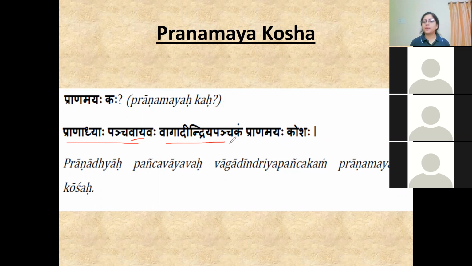Then pada, the feet, the organ of movement. Then payu, the organ of excretion, and upastha, the organ of reproduction. So these are the 5 karmendriyas, and this 5 plus 5 is the Pranamaya kosha.